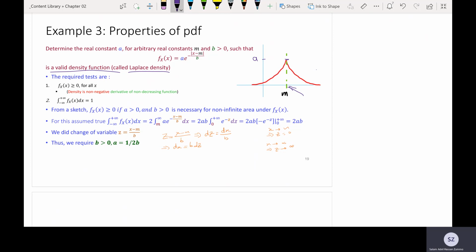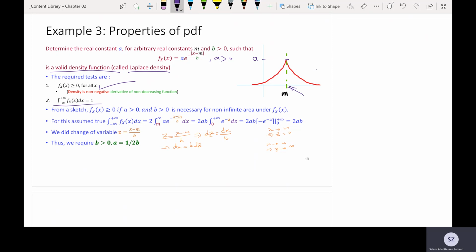E to minus whatever, if A is positive, A and B are positive. So if A is positive, then this is an exponential. Exponential is always positive. So the first thing is it's positive. Check.